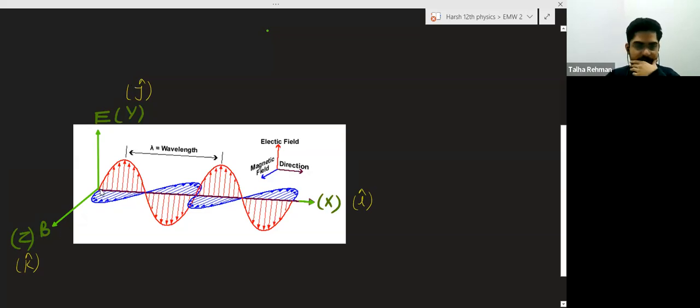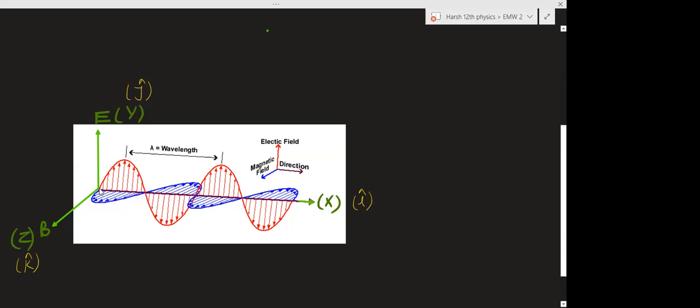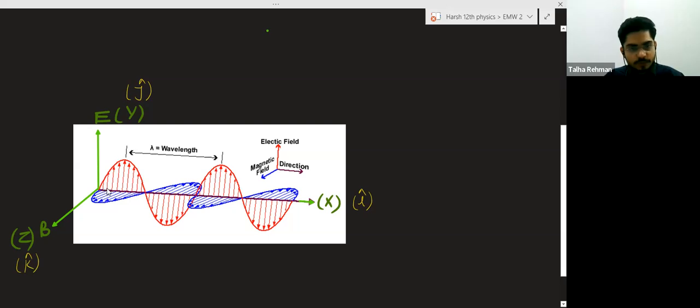Now you can see what is happening here. First we will see what is happening with the electric field. At this point, electric field is 0. Now when this energy moves, this arrow is representing the value of the electric field. Here is some value of electric field.